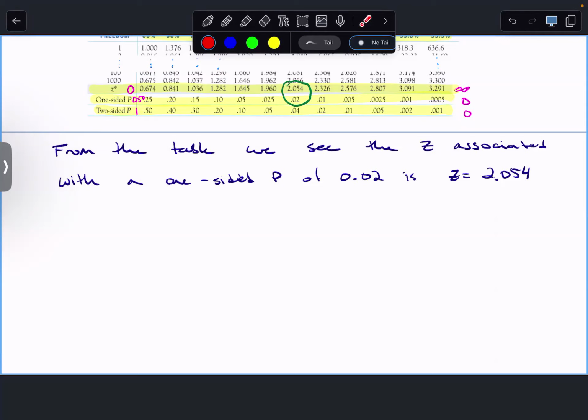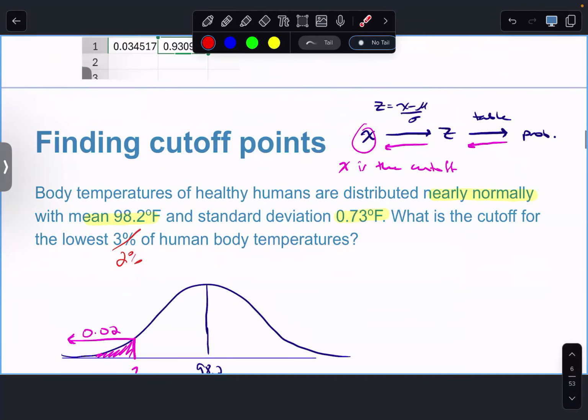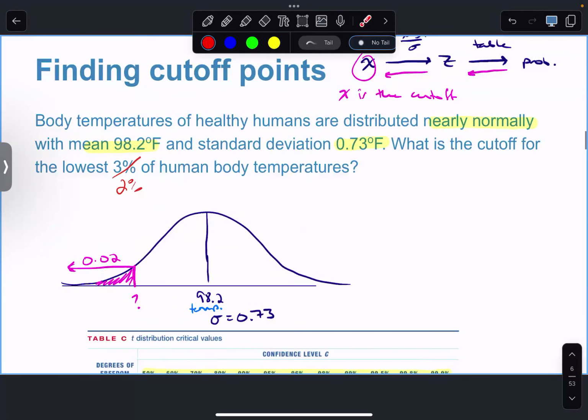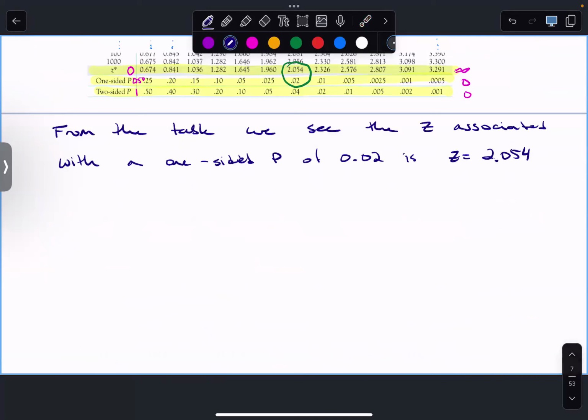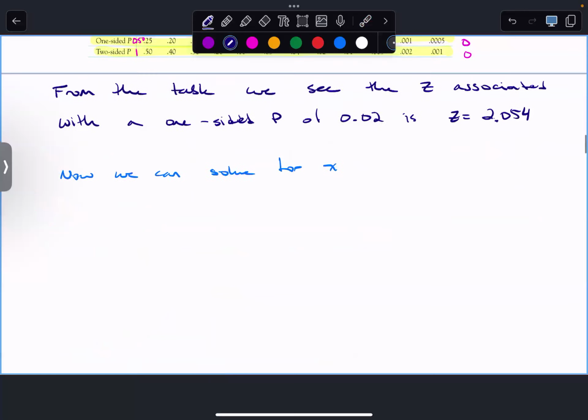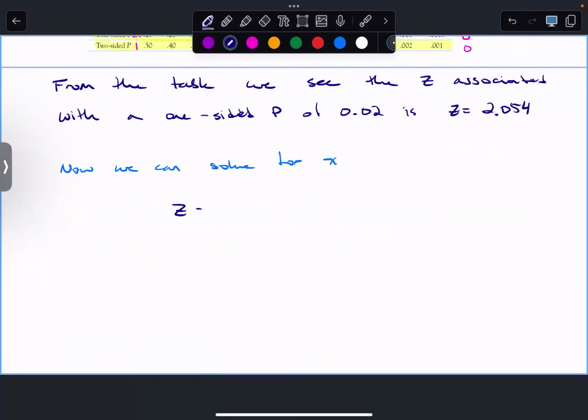Okay, so now in our little pendulum here, we've gone from a probability, used the table to find the Z. Now I have the Z, and I can use the formula to solve for X. Now we can solve for X. Z is X minus mu over sigma.